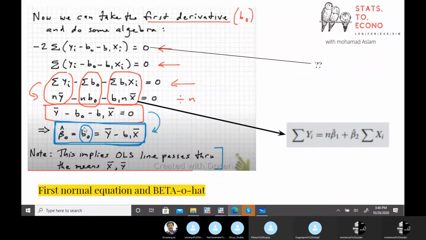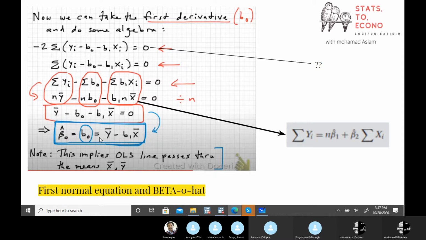So this is the value of the intercept term. It means we still need beta 2 hat to get this value. So this is the first parameter, the intercept term.